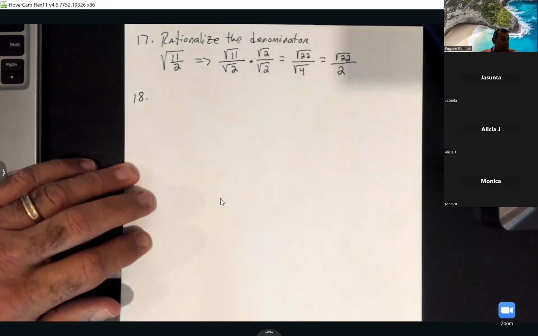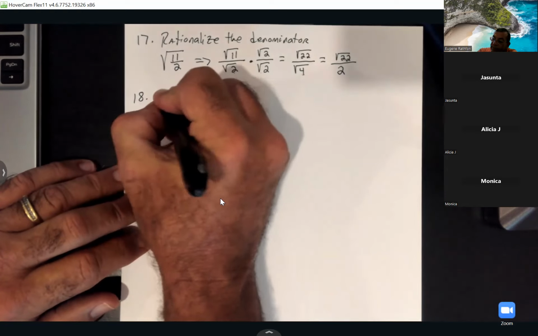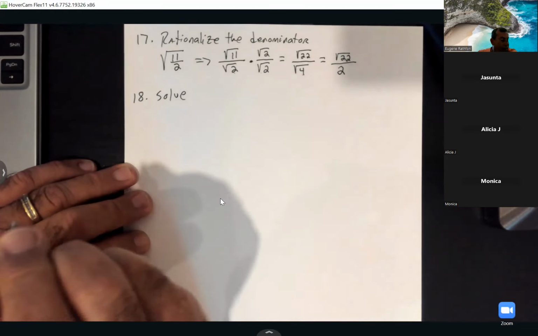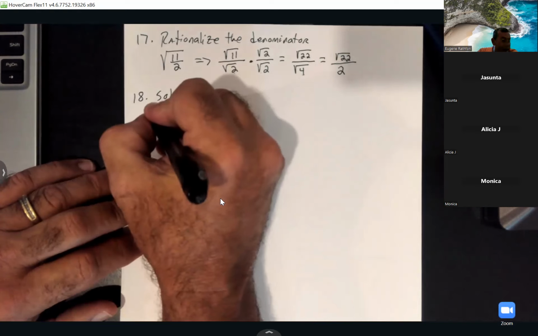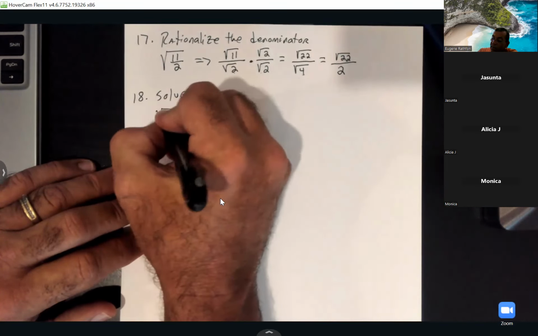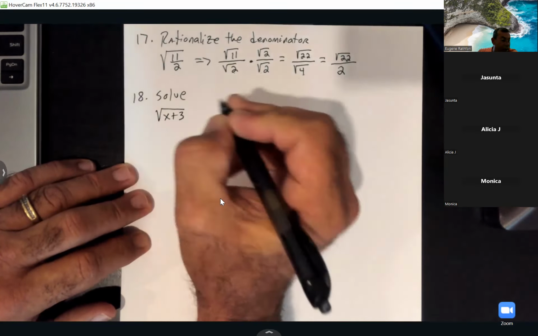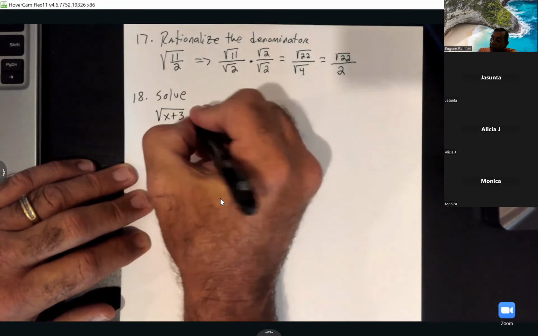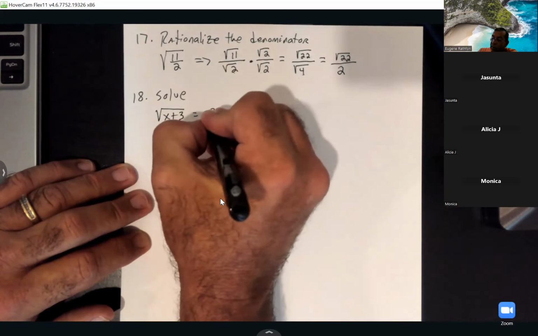And y'all, I'll tell you, the last 3 are solve problems. So the first one, solve a square root of x plus 3 equals -3.